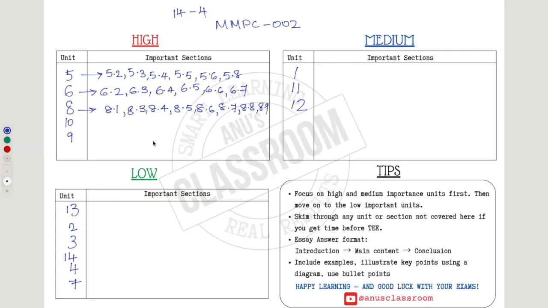These many sections you have to concentrate on. In unit number 10, you need to focus on 10.1, 10.3, 10.4, 10.5, 10.6, and 10.9. These are the sections of unit number 10 that you need to focus on. Coming to unit number 9, you need to focus on 9.1, 9.2, 9.3, 9.6, 9.8, and 9.9.